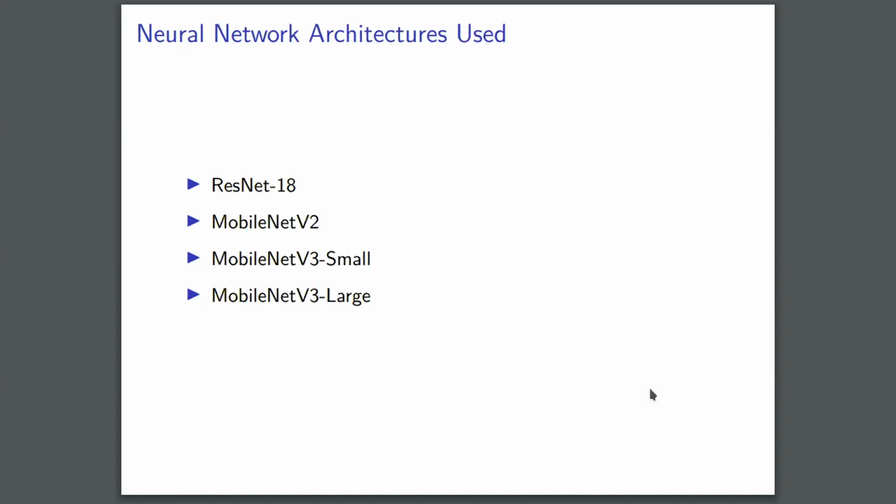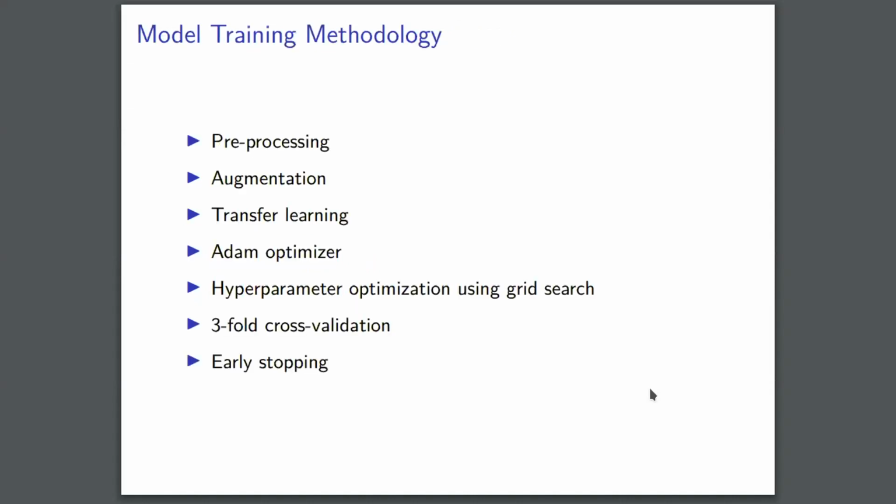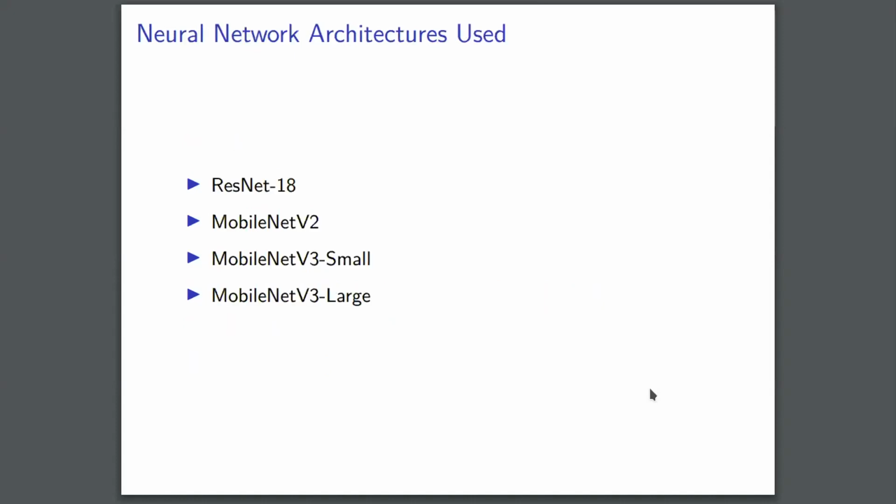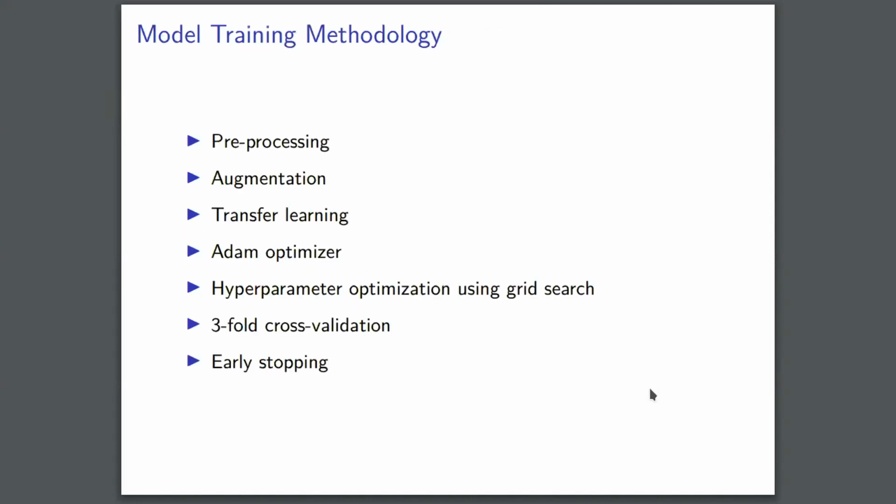Coming to how we are training it, as I mentioned before, we perform pre-processing, which involves resizing and normalization. Then we use automatic augmentation, and as our dataset is quite small, we are using transfer learning based on the pre-trained models of these architectures. The pre-training was done on the ImageNet dataset. We are using the Adam optimizer, and hyperparameter optimization is performed using grid search.